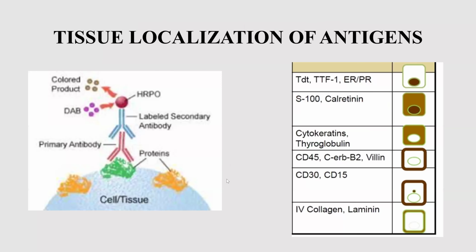Okay. For diagnostics, we have several types of reactions. First, nuclear reaction, typical for estrogen, progesterone, TTF1. Then both nuclear and cytoplasmic reaction. I don't like these antibodies because it's not so clear, and they create more background.